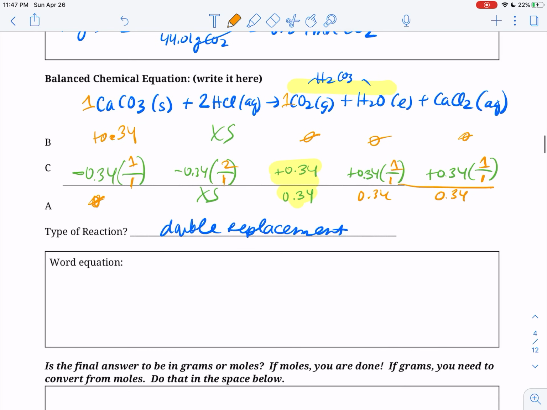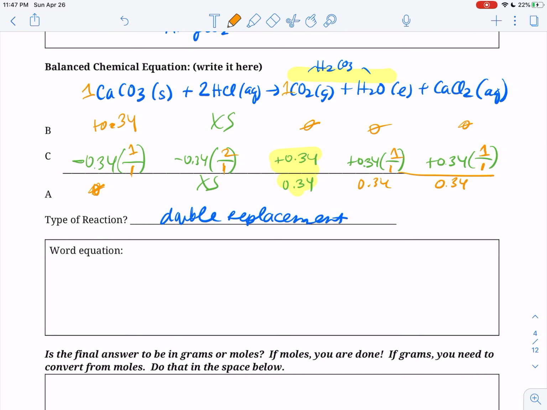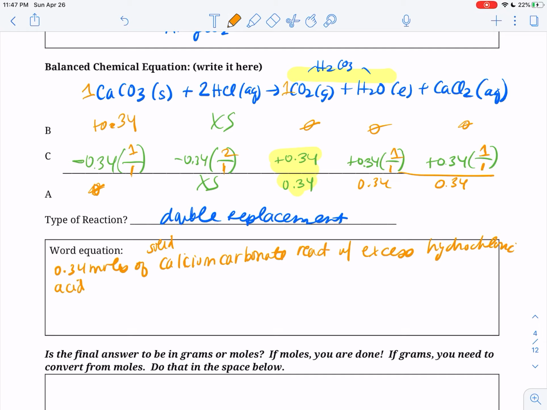All right. The word equation is going to be 0.34 moles of calcium, I always forget that, solid calcium carbonate, react with excess HCl. If you remember, you can call it hydrochloric acid. Okay, if you want to call it hydrogen chloride, I'm cool with that. Okay, aqueous, because I always forget that.